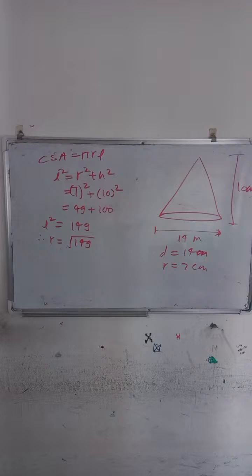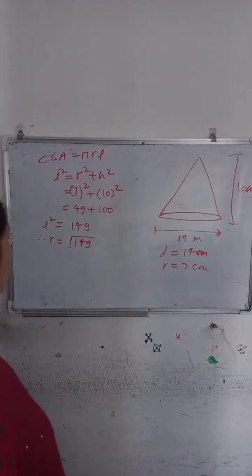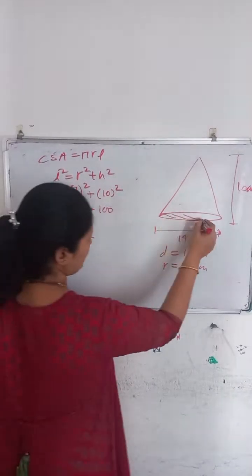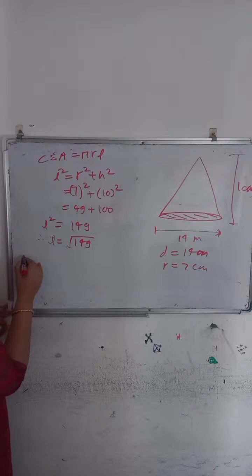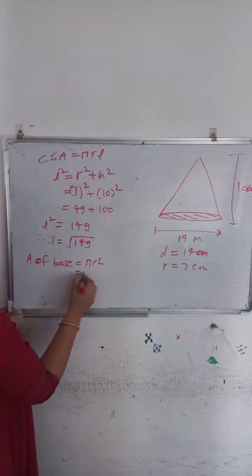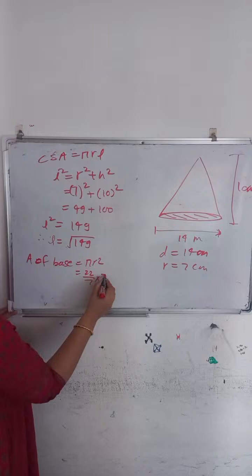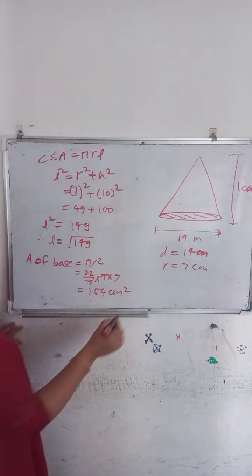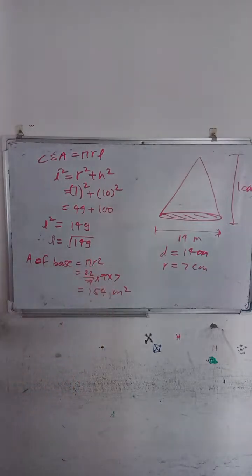They are not asking for the remaining cloth, but I was calculating for the remaining. So here L is okay, but the base is circular in shape. The area of the base is pi r square, that is 22 by 7 into 7 into 7. This gets cancelled and you will get the answer 154 meter square. This is the required answer.